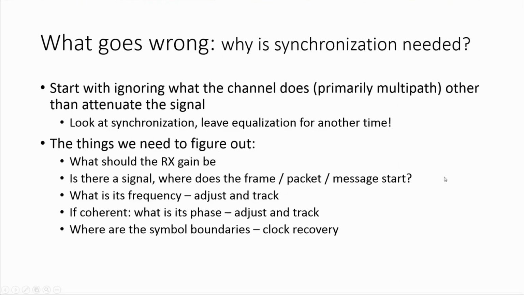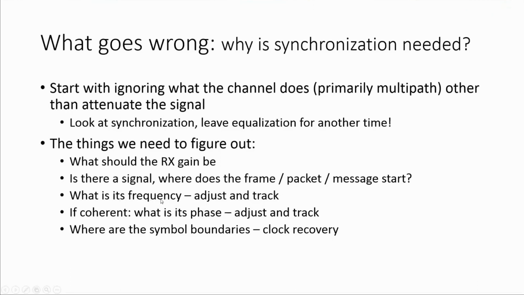We didn't talk about these structures, but it's good to know about what they are. And anybody that's done packet probably knows a little bit about this. But you need to know where they start as part of synchronization. Then you also have to know precisely what the frequency is. If you don't have the frequency right, the phase ramps.